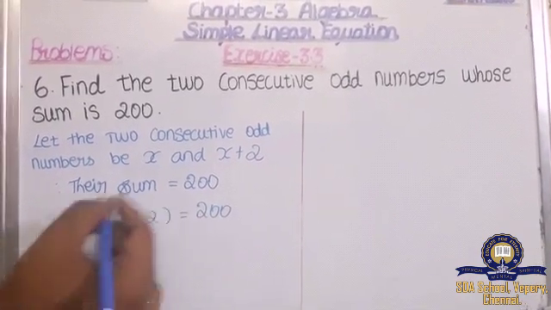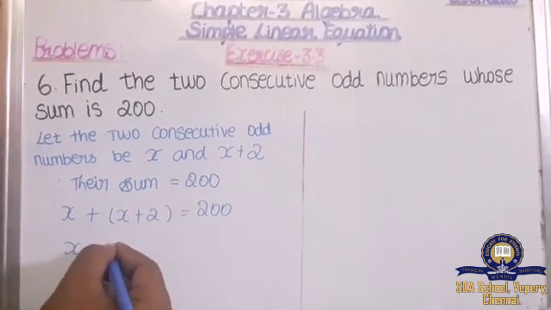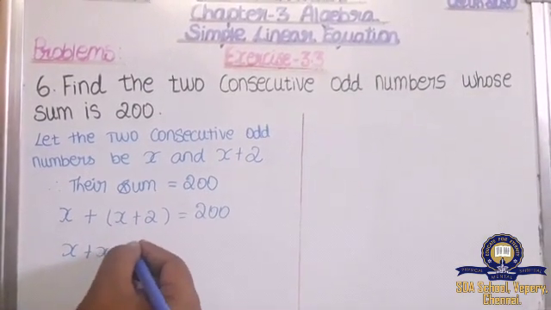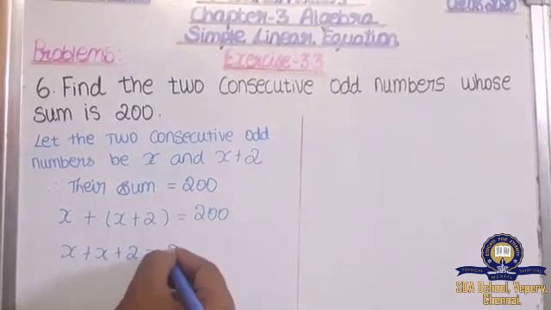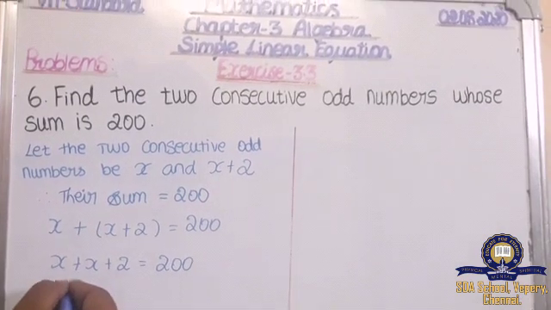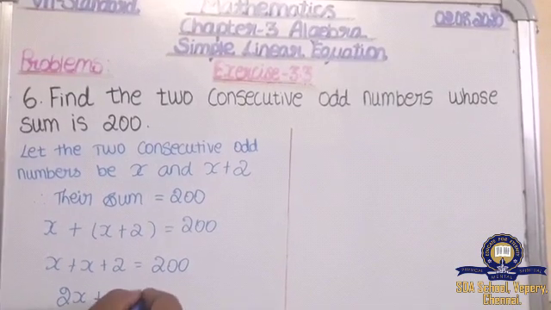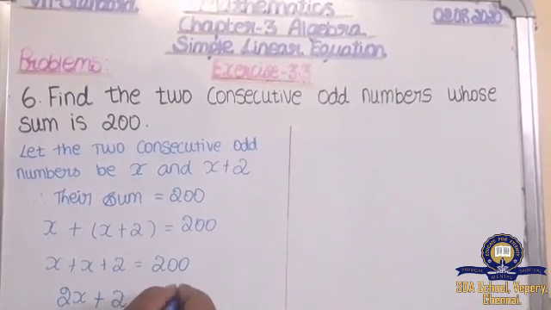Now we include the plus into this expression. Now we add x plus x, we get 2x plus 2 is equal to 200.